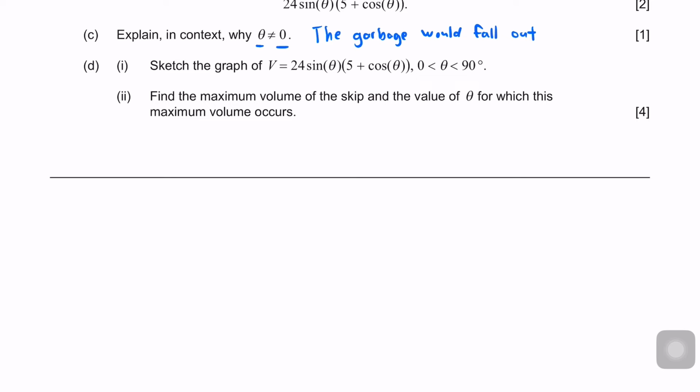So for the sketch, we want to show our main critical points in some ways. So heading back to the document here, I'm going to draw a sketch. In this case, we need to show the rough shape of the curve, the maximum, and then say the endpoint as well.